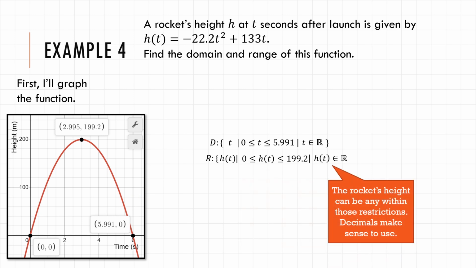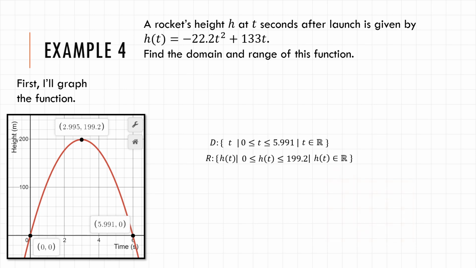But it can be any real number between that because height and time are both measured using real numbers, right? You can have pi minutes or pi meters. Somebody could be pi meters tall. Is that too big? I think it's 9 feet, right? So maybe not. At the very least, we can say that h at t is an element of the reals.